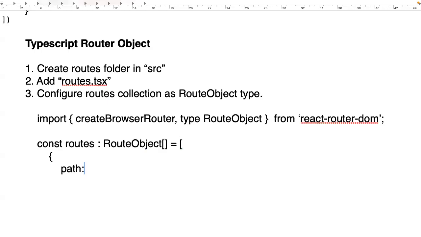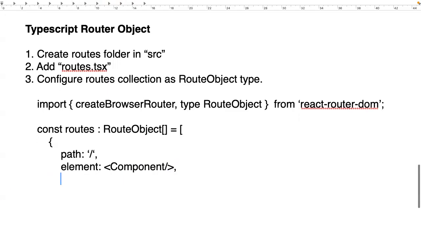We have a path, so we have element, and the same things are there like children. So this is an array.